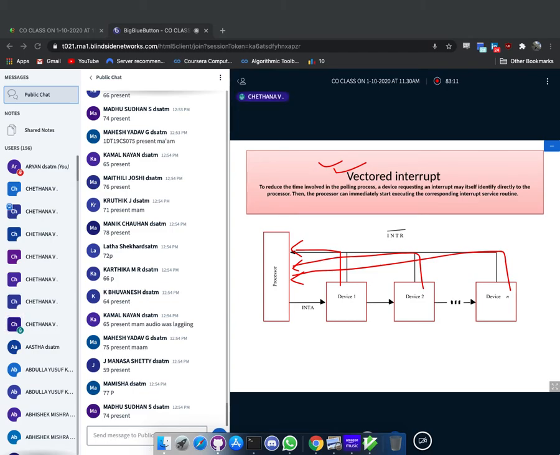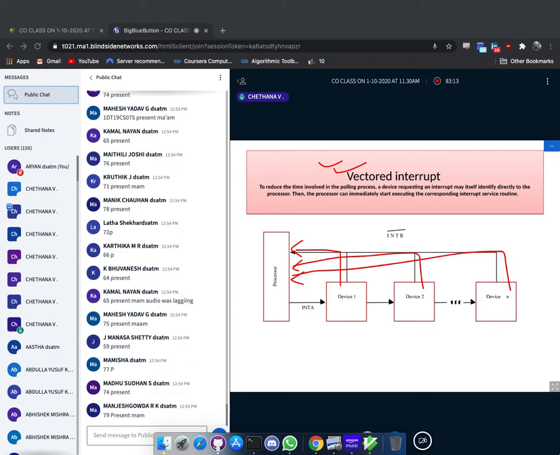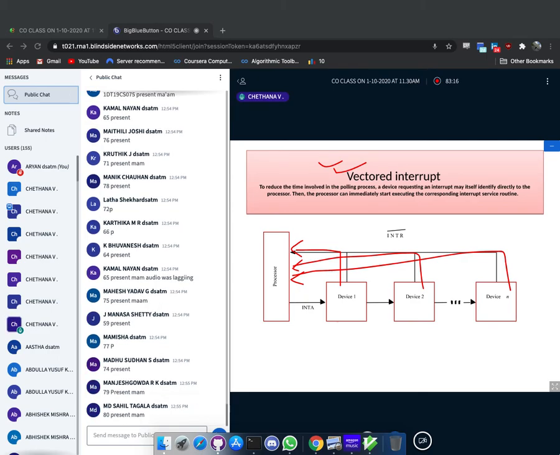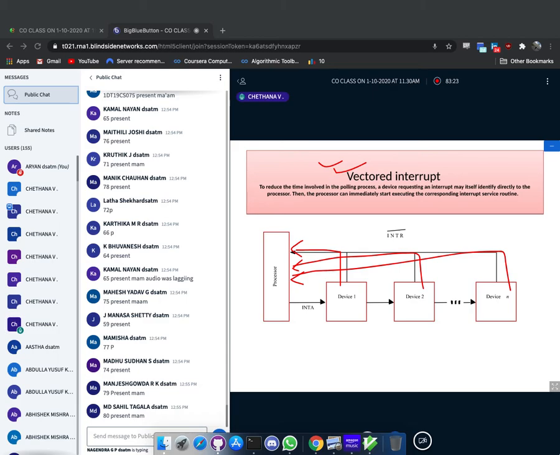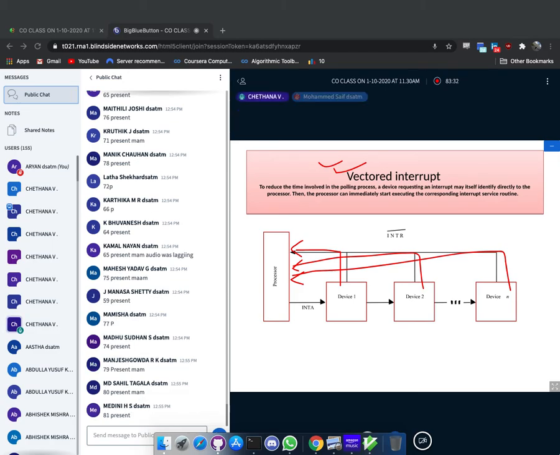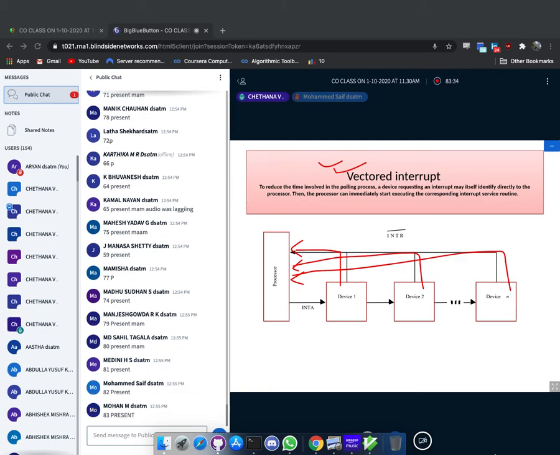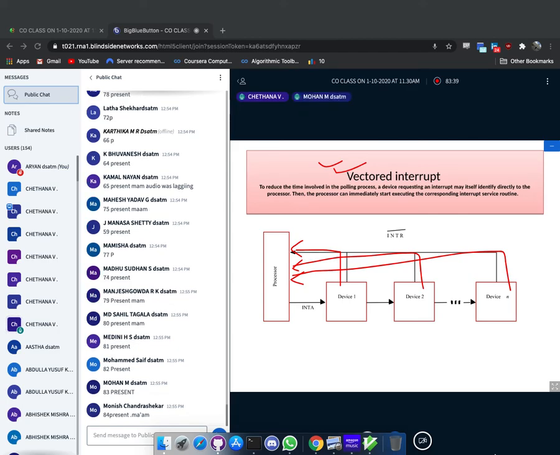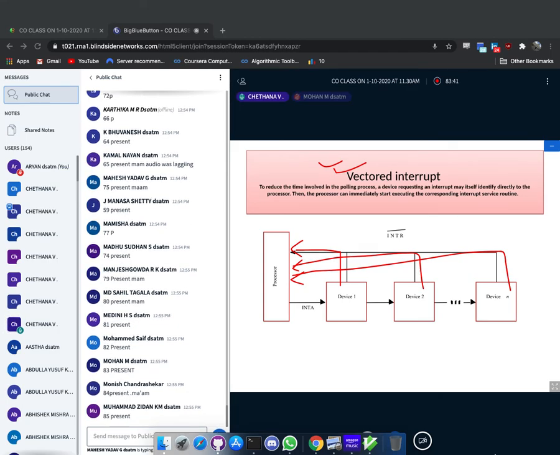Manjesh Gowda. Sahil. Medini. Mohammed Saif. Present, ma'am. Mohan. Monish.